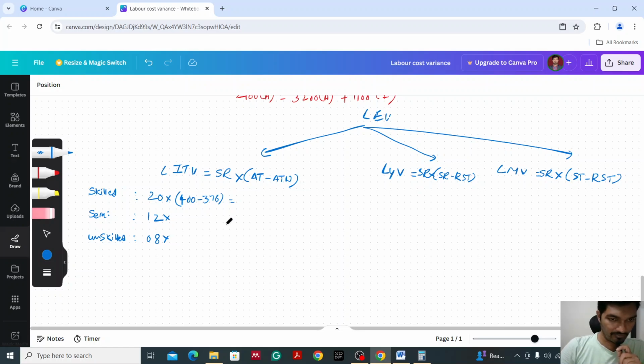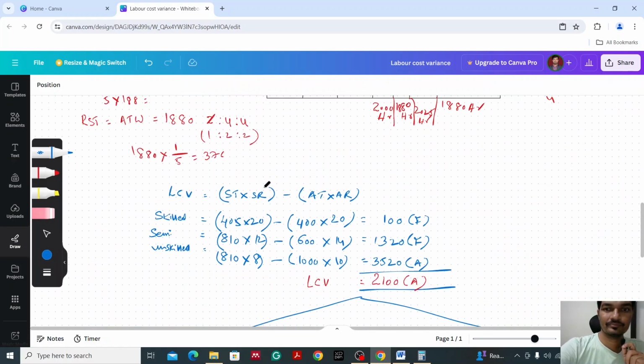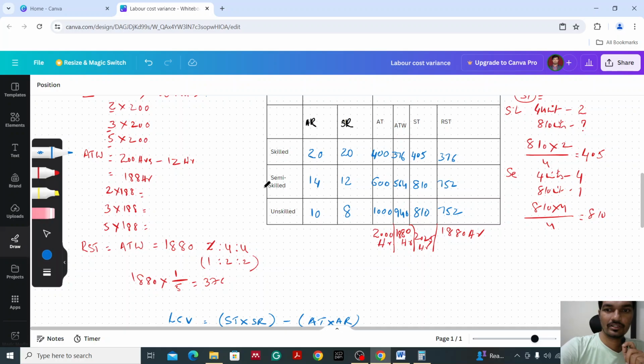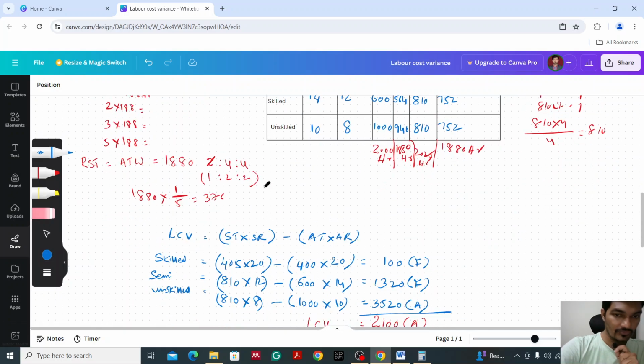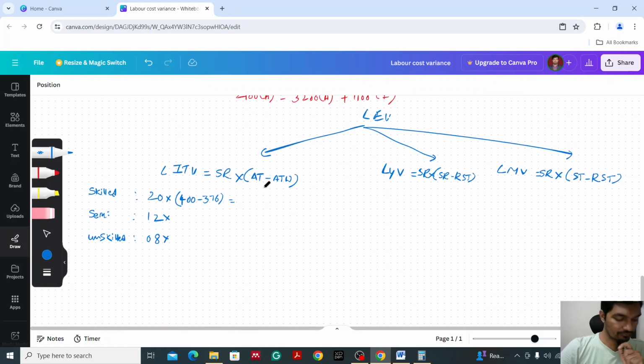So the actual time is 400, the actual time worked 376. Now the answer is 480.